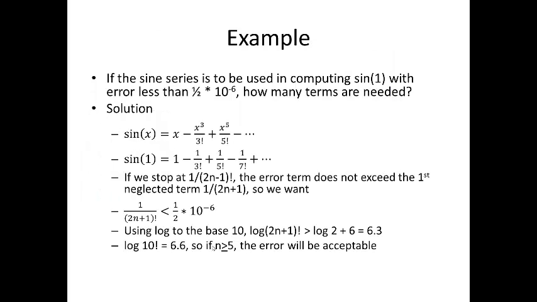So if we're interested in the sine series to be used in computing sine of 1 with error less than 1/2 times 10 to the minus 6, how many terms do we need?